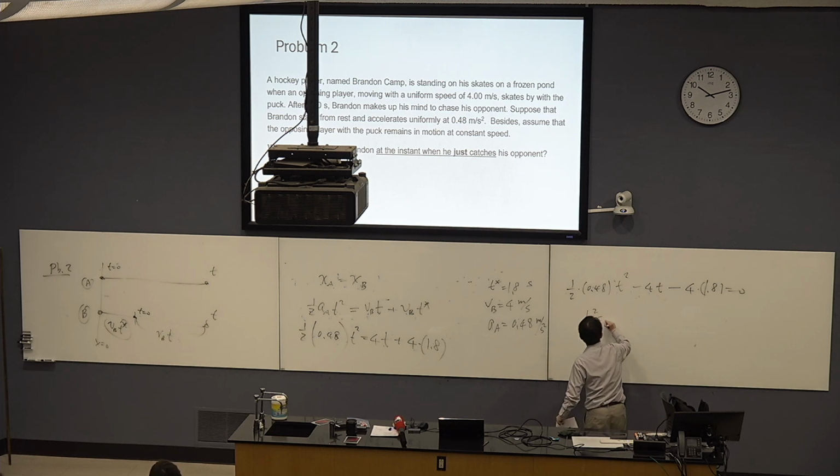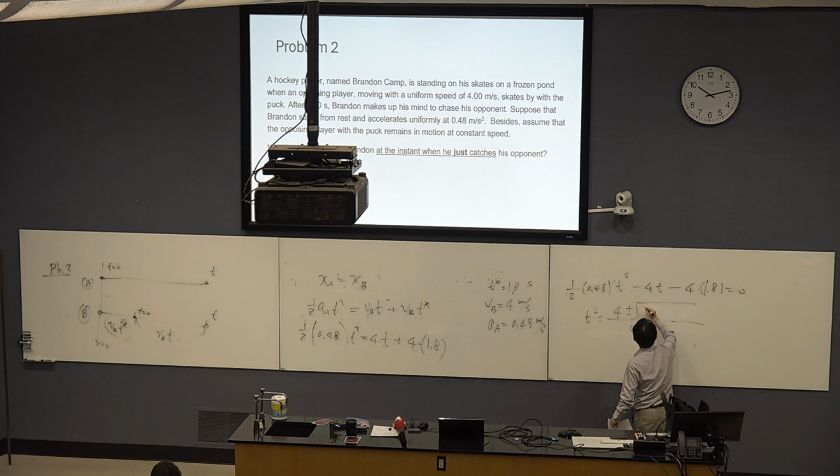So t will be equal to 2 times a, that's 0.48, then here you have negative b, so that's 4, plus or minus the square root of b squared, so negative 4 squared, which is just 4 squared, 16, then minus 4ac.